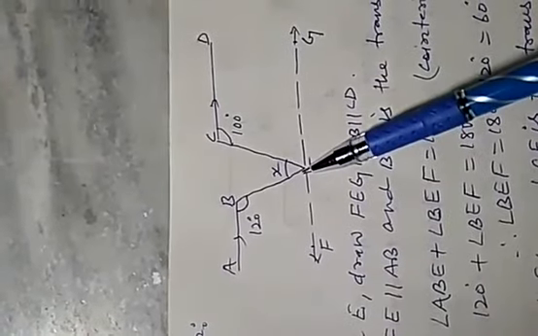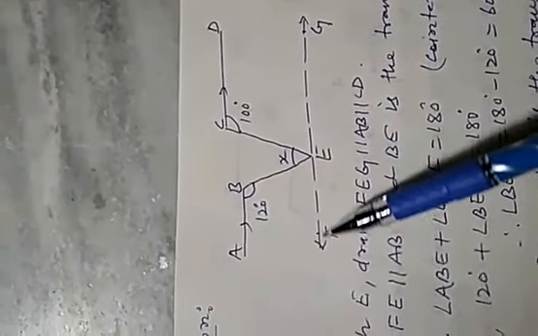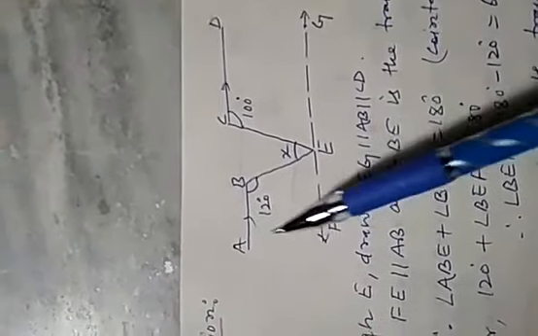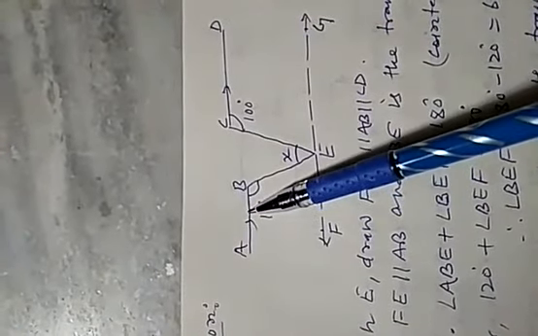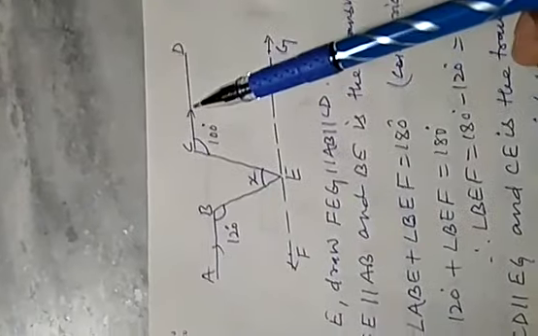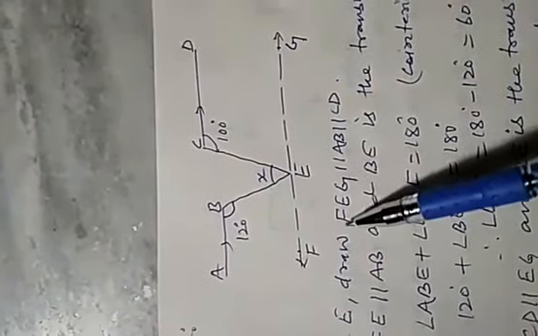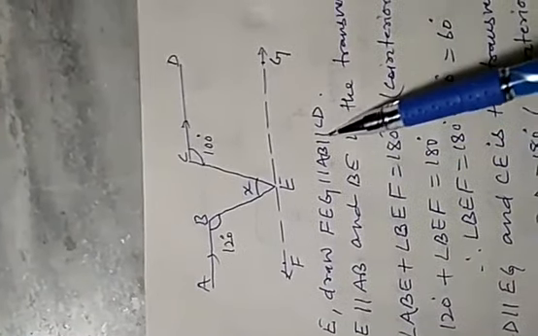Through E, construct a line FEG which is parallel to AB and CD. Here FEG is parallel to AB, parallel to CD.